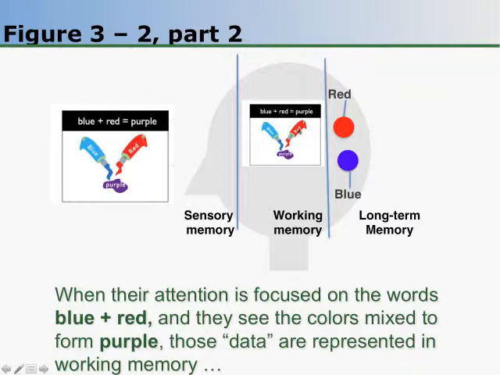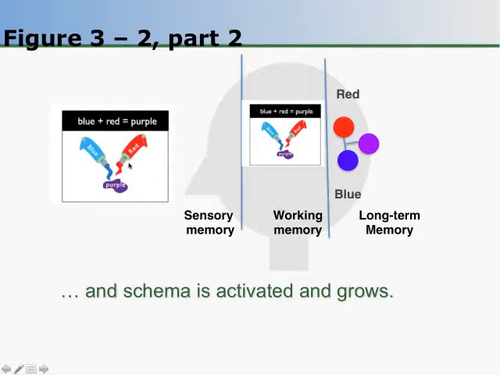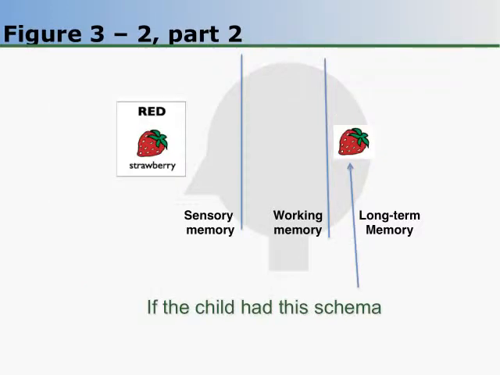So their working memory is taking in what they are seeing in sensory memory. And it's taking in almost all of it because it's a good chunk size. And this is because their long-term memory has those data points that help them understand what blue and red are. Schema eventually is activated, and now they know that purple is made from blue and red.